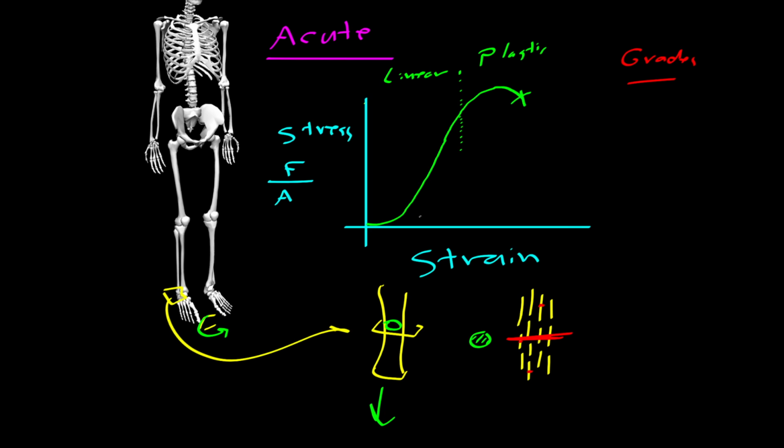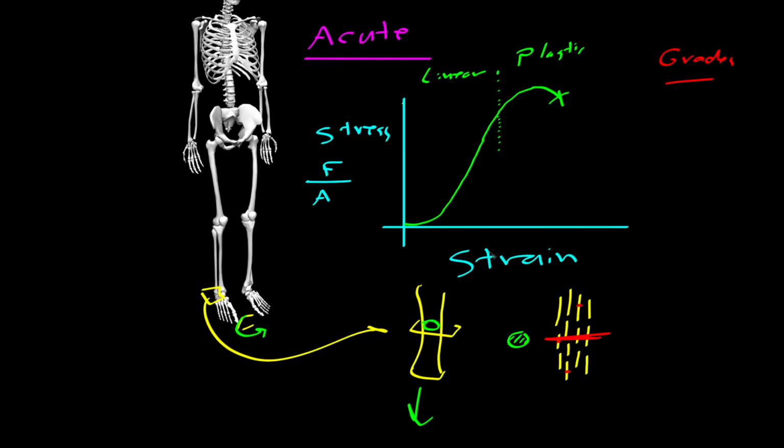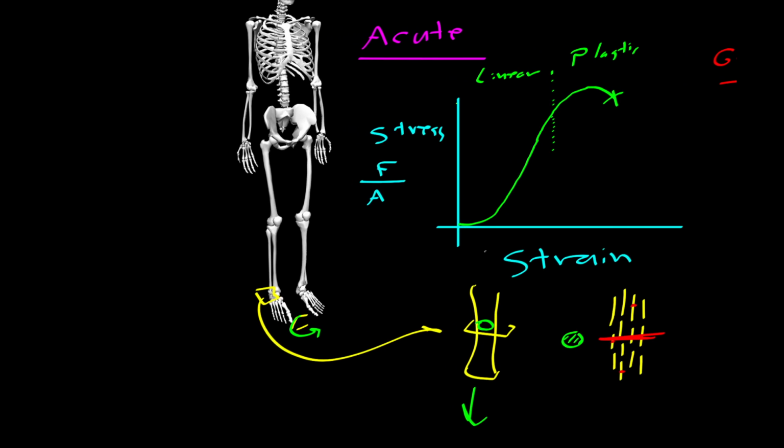So acute injuries are pretty straightforward, and we can maybe think about what kind of structures we typically see these at. So ankle sprains and ankle ligament tears being a classic example. Another one you're probably familiar with is the various ligaments of the knee, ACL, MCL. Patellar tendon can rupture. You can get Achilles tendon ruptures. Those are relatively common.